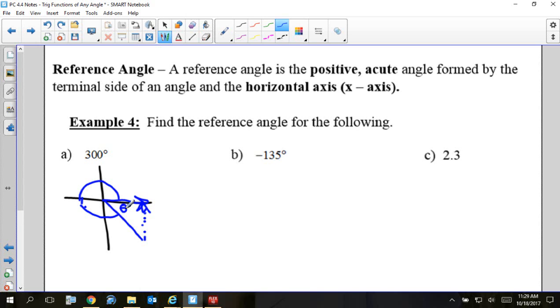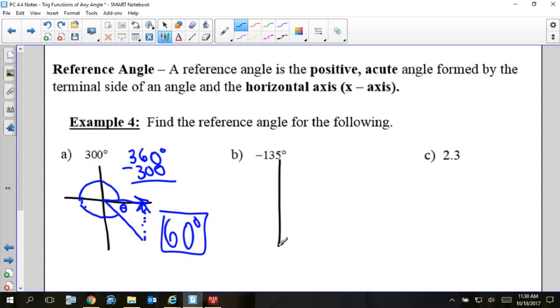I went 300. If I'm going straight up, how much is left? 60 degrees. And then you ask yourself, is it positive? Is it acute, between 0 and 90? Because it has to be, otherwise you are wrong.